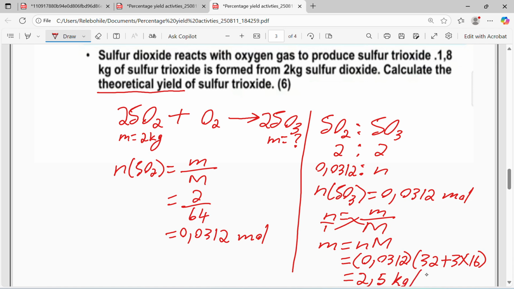Okay, or you might have gotten 2.4, but 2.5 kg, guys, is the best answer, and it comes from 2.496. So if I round off this to 1 decimal place, I get 2.5 kg, and that's your theoretical yield basically.